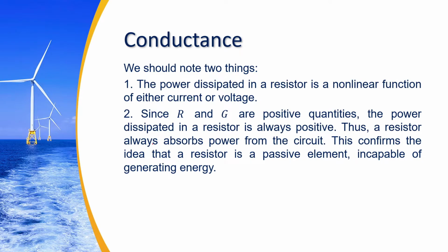Thus, a resistor always absorbs power from the circuit. So this confirms the idea that a resistor is a passive element incapable of generating energy. Absorb lang siya ng absorb at hindi niya kayang mag-dissipate ng energy. Okay? Or magbigay ng energy sa iba pang mga elements natin.